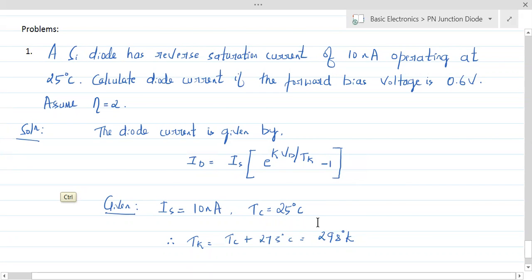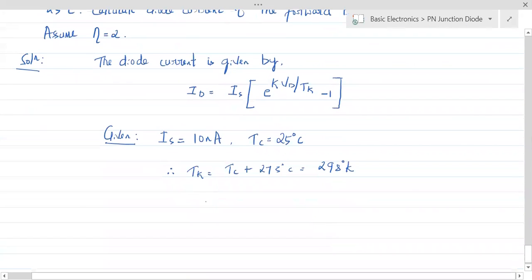Once we have TK, we can get our K also. What is that given by? It's 11,400 divided by eta. Eta is given to be 2 because it is a silicon semiconductor. Let's just keep it like that.